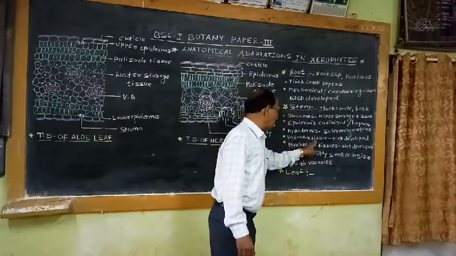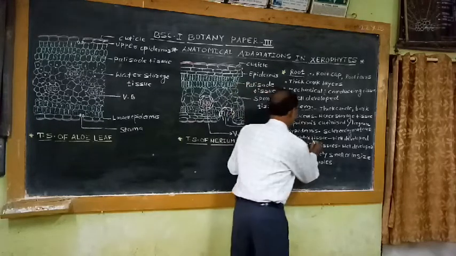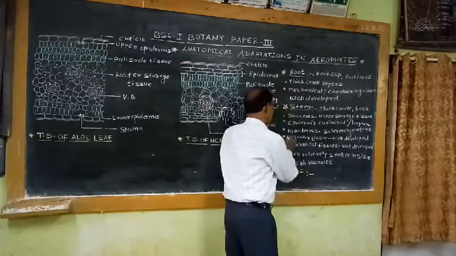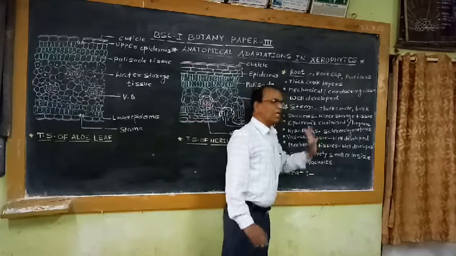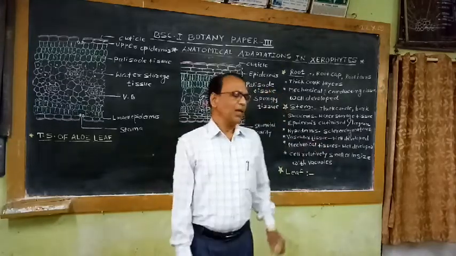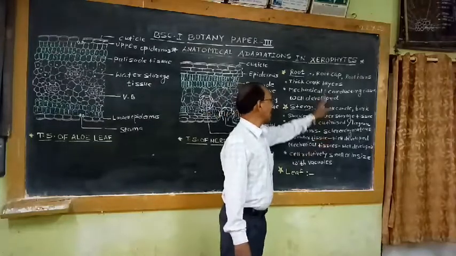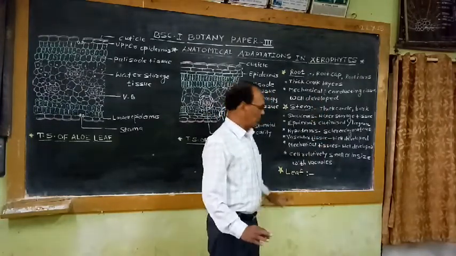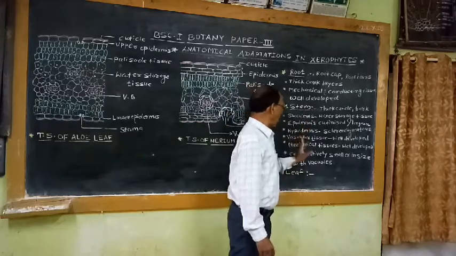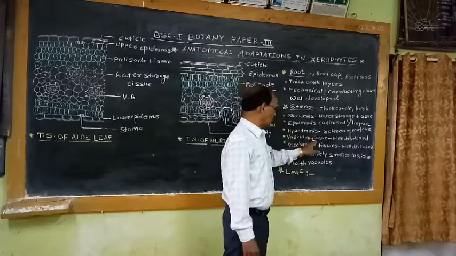Then if we observe the vascular tissues, these tissues are also known as conducting tissues. So vascular tissues or conducting tissues in the stem are also well developed, like the root. That means in all organs, root, stem, leaf, all organs possess well developed vascular tissues.